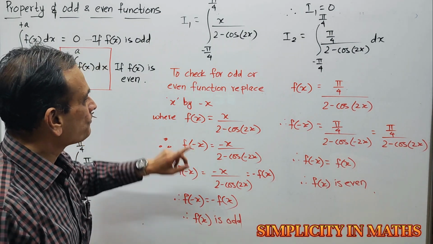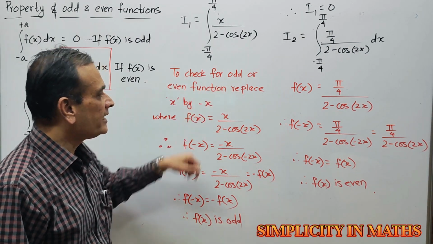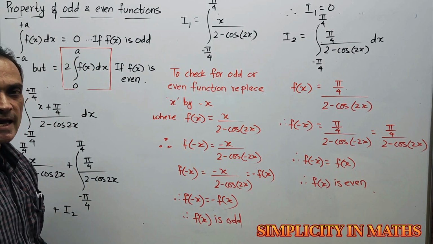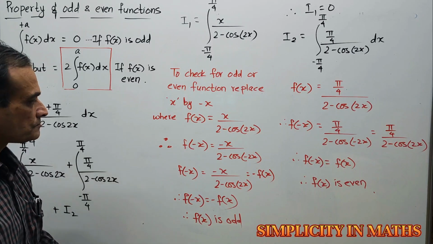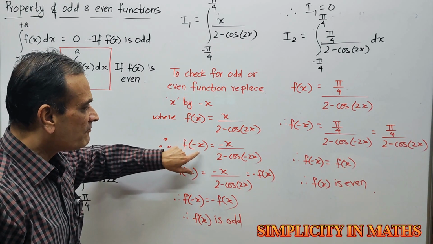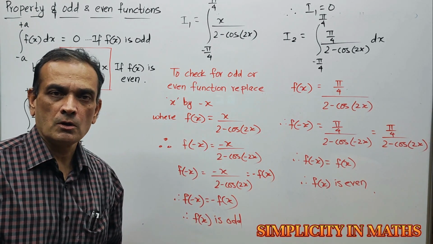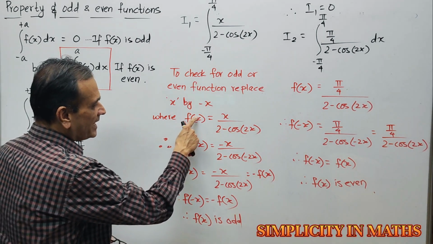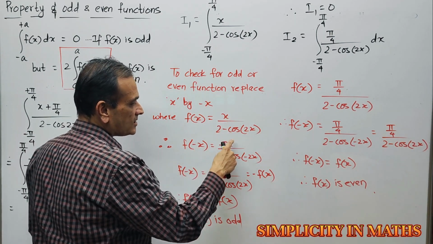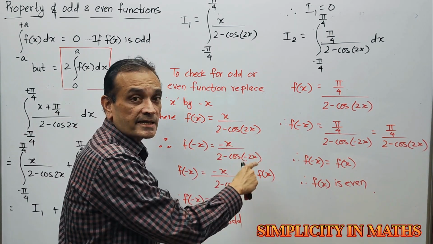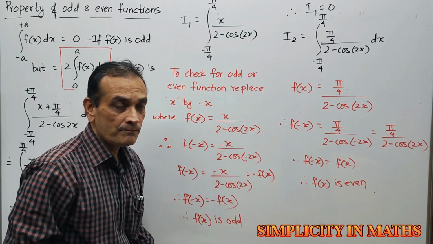There is a method to check for odd or even function. Replace x by -x. तो जहां पे x है वहां पे -x सब्स्टिट्यूट करो. सो f of -x, x के जगह -x, यहाँ पे भी आ गया.